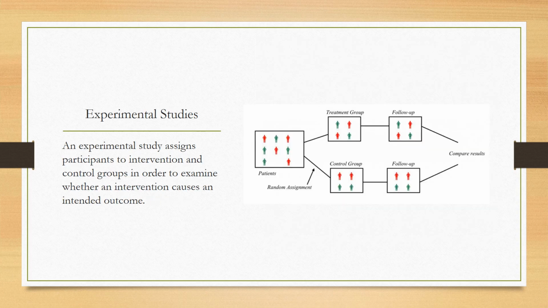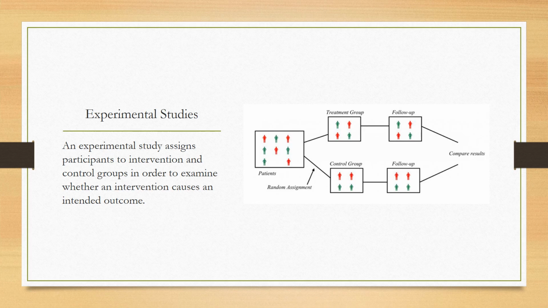So, experimental studies. An experimental study assigns participants to intervention and control groups in order to examine whether an intervention causes an intended outcome. You can see we've seen experiments done as far back as high school, but this gives a little diagram of what it takes.